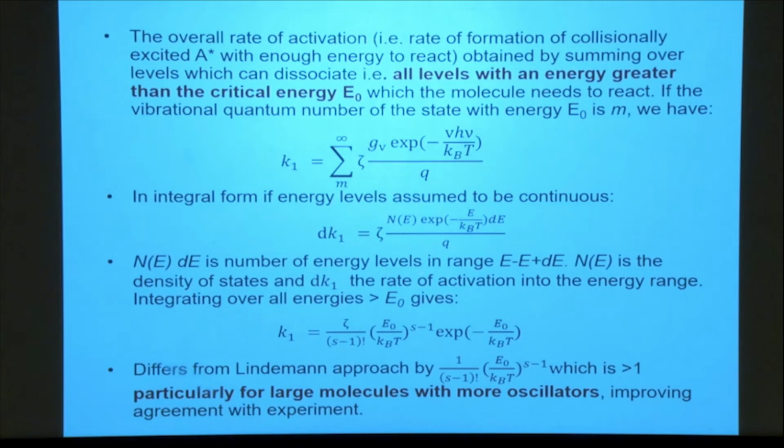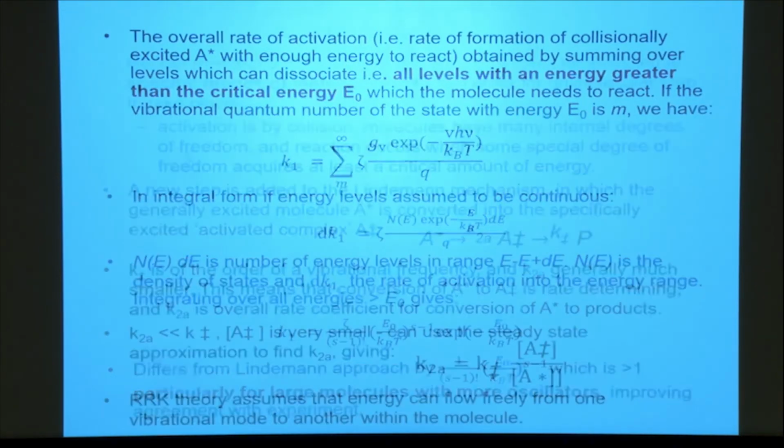If we integrate over all the energy levels, then we get a rate constant which now involves the number of harmonic oscillators, S. The more oscillators we have, the greater this correction will be, so the greater the correction will be for larger molecules, for example, which have a greater number of oscillators.